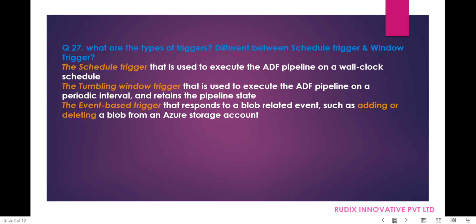Let us discuss these briefly. Schedule trigger is used to execute the ADF pipeline on a wall-clock schedule. Tumbling window trigger is used to execute the ADF pipeline on a periodic interval and retains the pipeline state. Event-based trigger responds to a blob-related event, such as adding or deleting a blob in an Azure storage account.